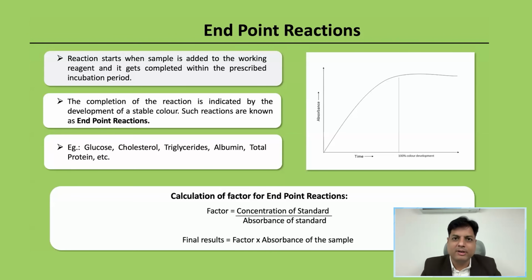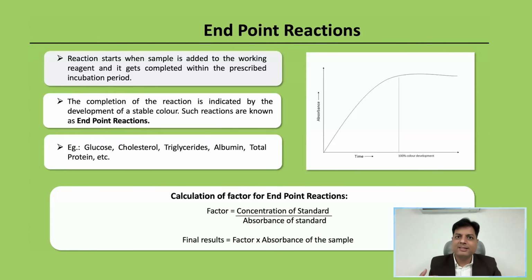Now, for example, if the reaction is not complete, what will happen? The color formation is incomplete. When the color formation is incomplete and we measure the absorbance, we will get a low OD. When we get a low OD, ultimately the instrument, using Beer-Lambert's law, will calculate the concentration and we will get a lower concentration.